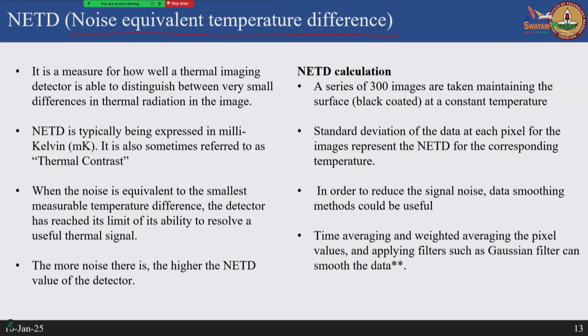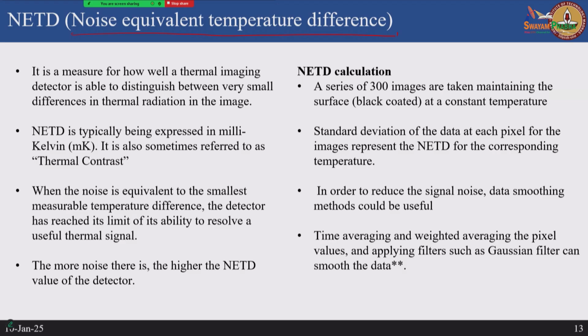Generally they will be limited by the sensitivity of each pixel, which may be slightly different from the other pixels in terms of how they are picking up these images. So if you see that the thermal contrast or the temperature difference is more than a certain millikelvin, they should be of the order of a few millikelvins, generally maybe 3 millikelvin, 4 millikelvin.